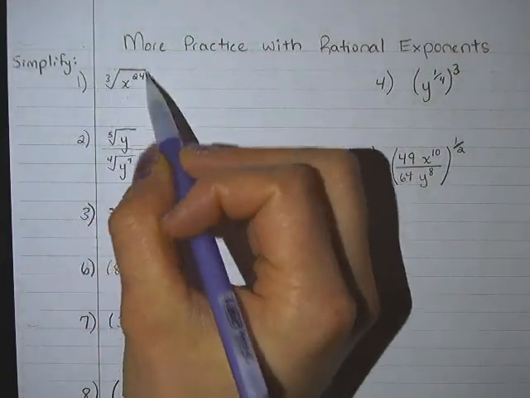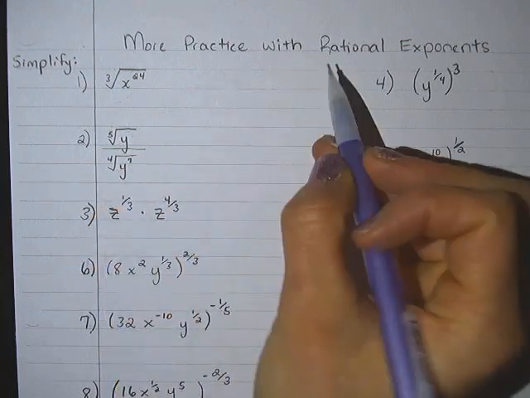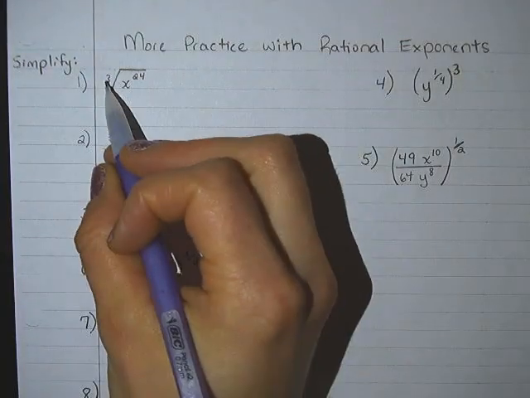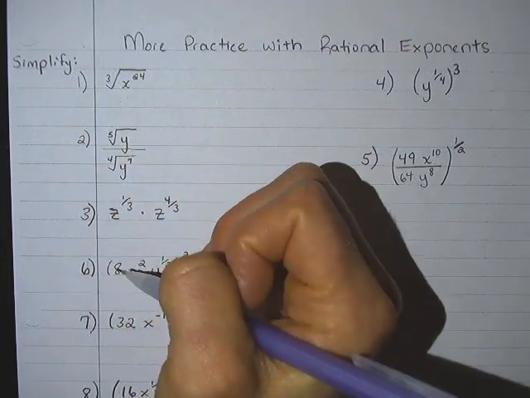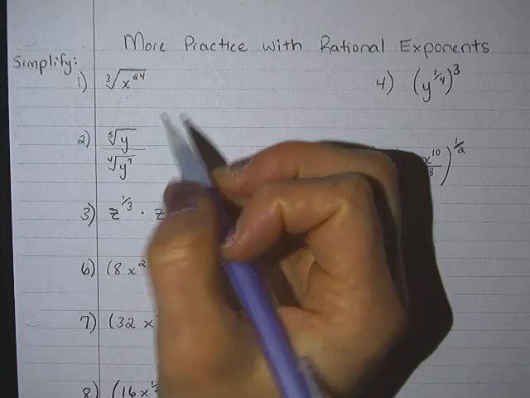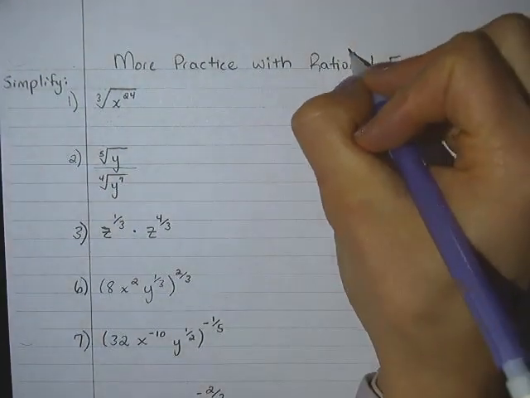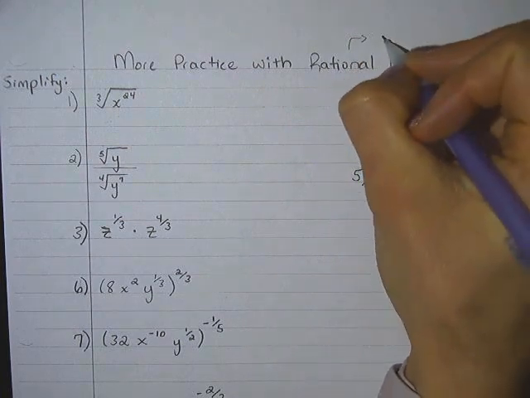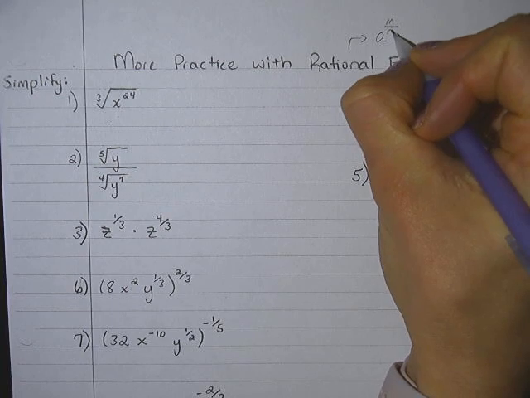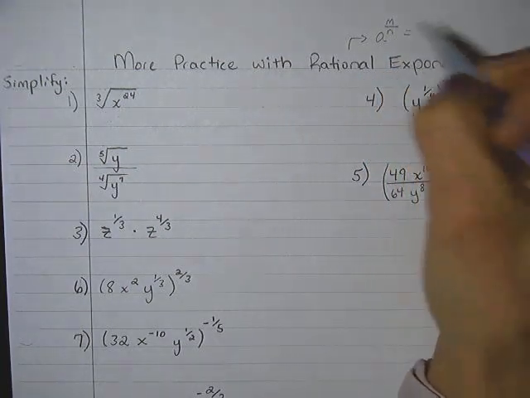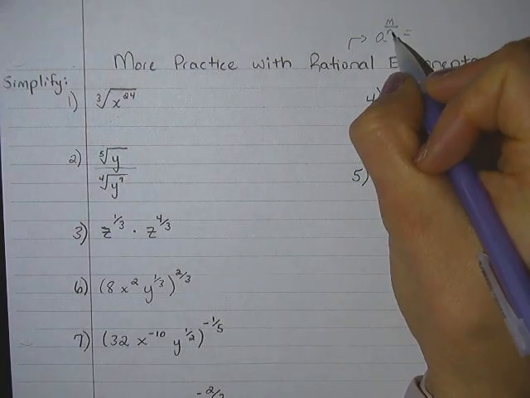So if you look at number one, this is more so a review of rational exponents, because notice you have a radical or a root, and then you have a variable with an exponent. So this is just practice with what we learned about rational exponents. So remember, if you have a variable to an exponent that's a fraction, you can rewrite it, but you have to remember that top number is your power and the bottom number is your root.